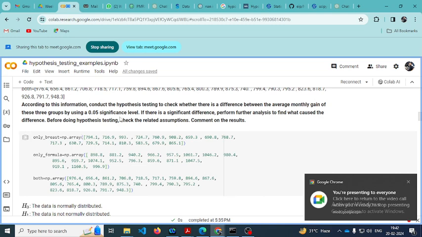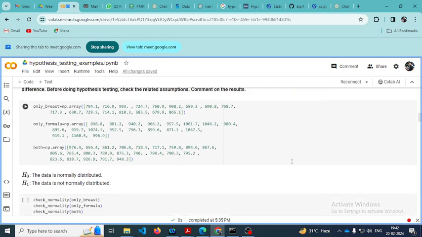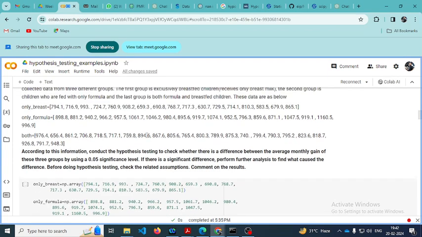Again we are going to consider the standard alpha value, the level of significance, as 0.05. If there is any significant difference, perform further analysis to find what caused the differences. Before doing hypothesis testing, check whether the related assumptions hold, and comment on the result. Like the previous example, you can consider these three different groups of data.